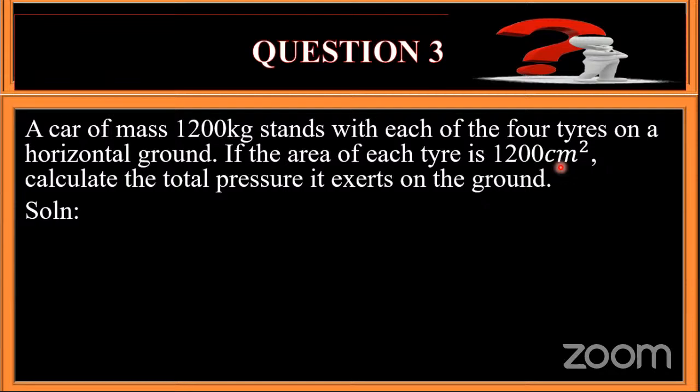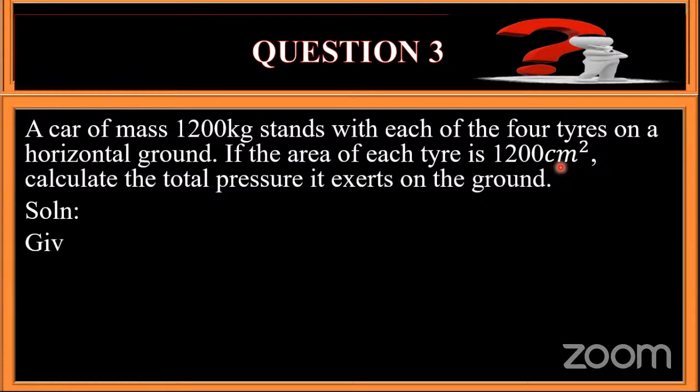So we have a car of mass that stands with each of the 4 tires on the horizontal ground. If the area of each tire is 1,200 centimeters squared, calculate the total pressure it exerts on the ground.